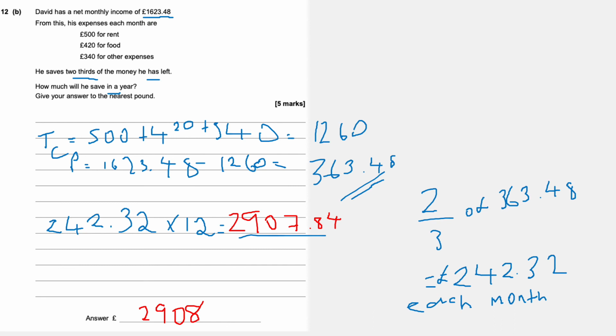So remember that's my pound. So £7, 0.84 pence. 84 pence is closer to a pound than it is to 0. Therefore, I round up my answer.